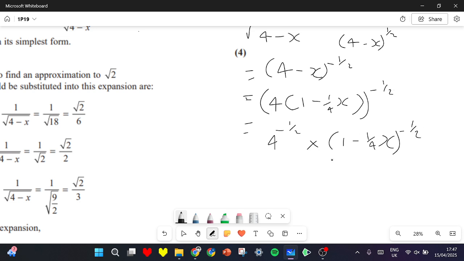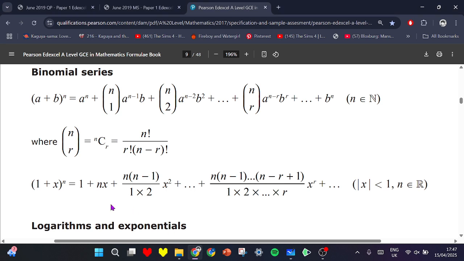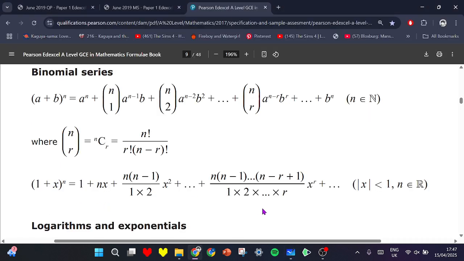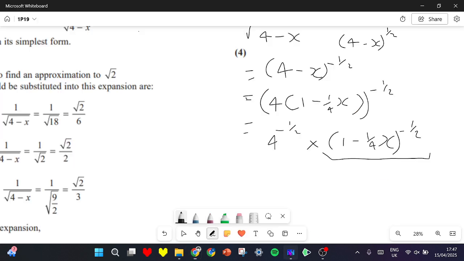Okay, so now we have it so that this bit, what we were trying to get, is in the form 1 plus something to the power of something. It doesn't matter that there's a minus there, because the x in the formula can be anything, as long as the modulus of it is less than 1, which it is because we have 1 over 4.